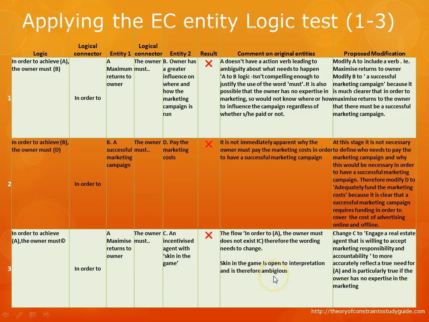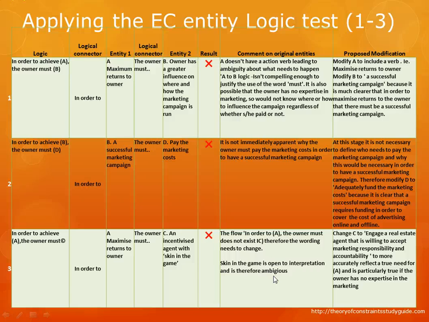So we want to change that to make it a little bit more obvious what we're talking about. So I've proposed the change to entity C wording to say, engage a real estate agent that is willing to accept marketing responsibility and accountability, to more accurately reflect a true need for A, and particularly true if the owner has no expertise in marketing.